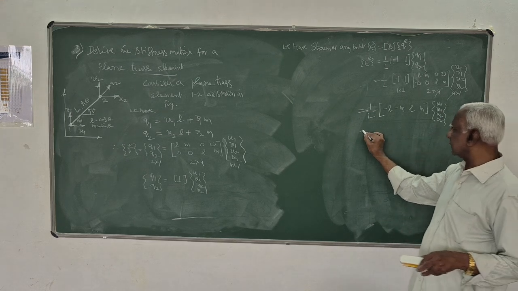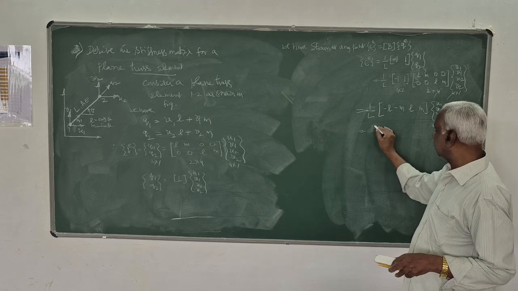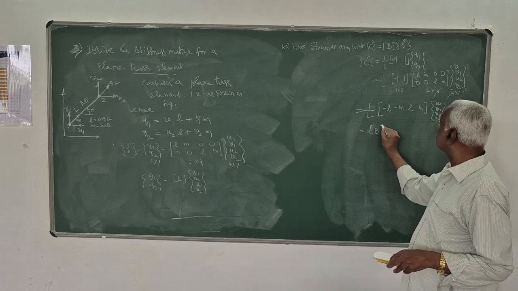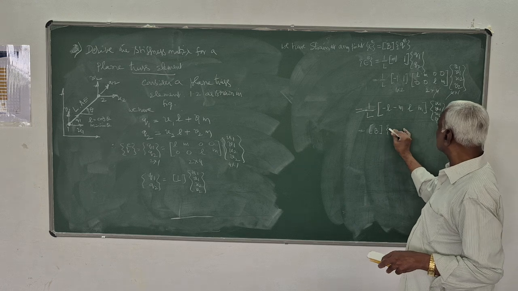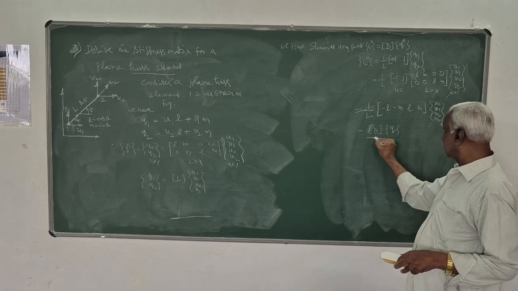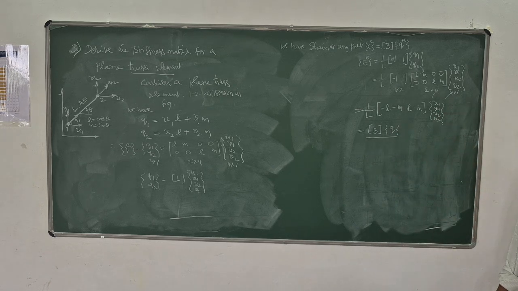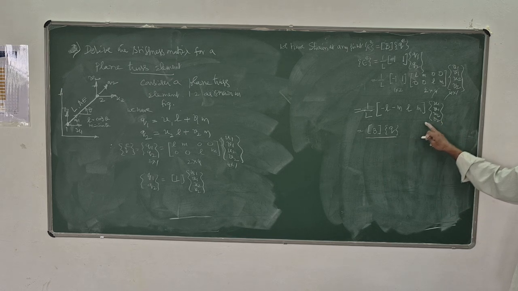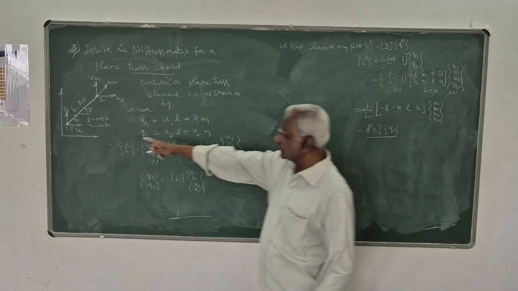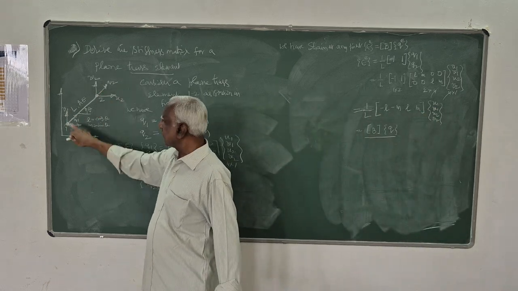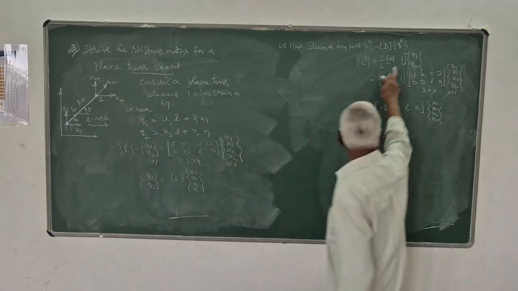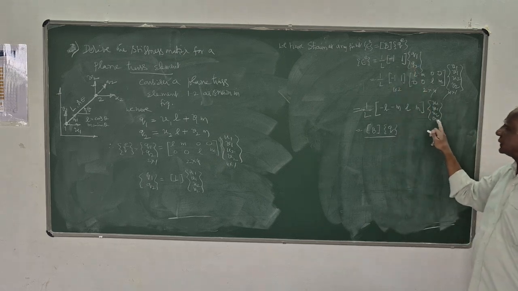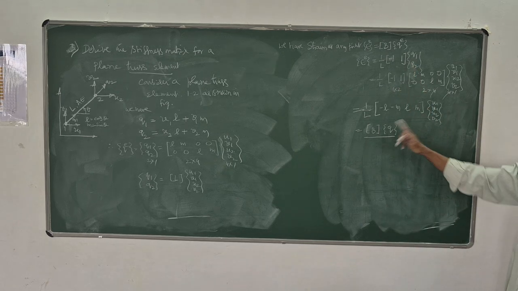So this is nothing but 1b into the global displacement vector. This I am calling Q. It is global displacement. Instead of just Q1, Q2, now I am transforming into global.